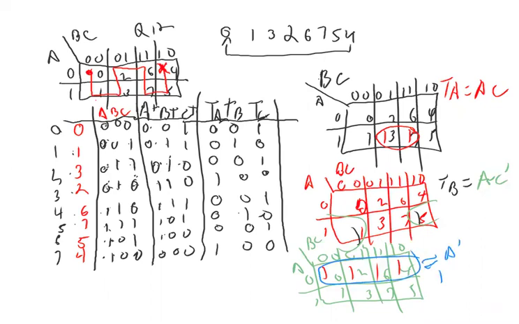So T sub C equals A prime. And I could draw this circuit with relative ease, and it gives me an answer which we can now use to look up the answer for question number 12.